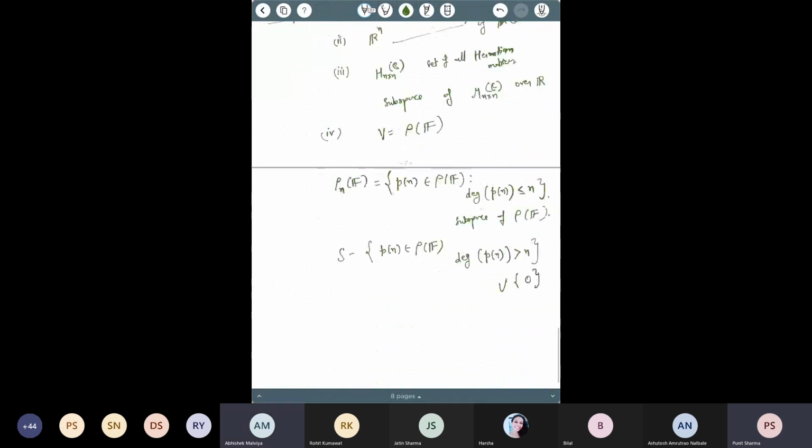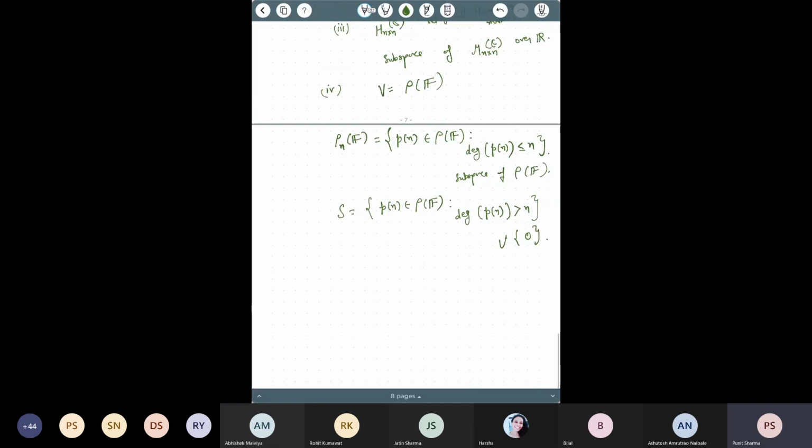Let's take two polynomials, and if their degree is greater than n, then their addition would also be of degree greater than n. And since you also have the zero polynomial, this forms a subspace. For scalar multiplication there won't be any problem, only the addition you need to check. Including zero, this makes a subspace, but if you exclude zero, it won't be a subspace.